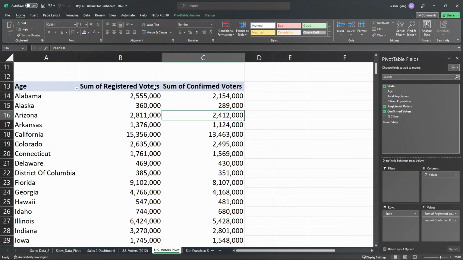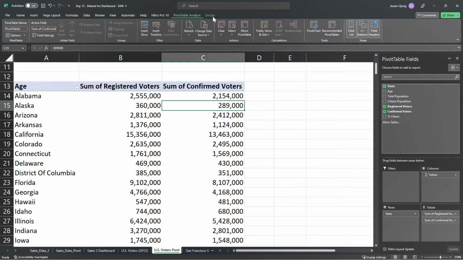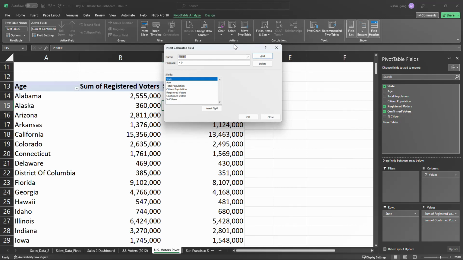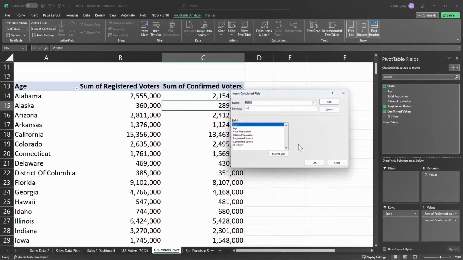So I'm clicked on the pivot table, right? I go to PivotTable Analyze and go to Fields, Items, and Sets. I click on it, Calculated Field, and I want to see percentage confirmed, or percentage that voted.